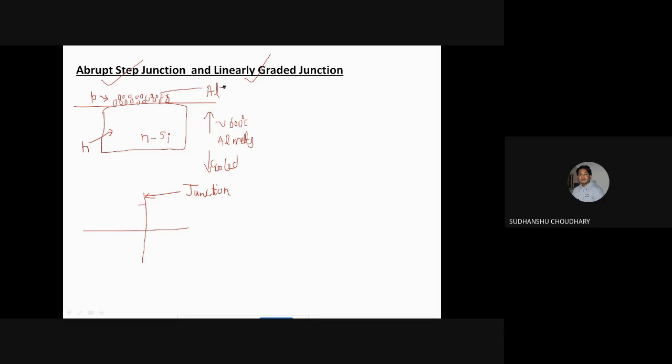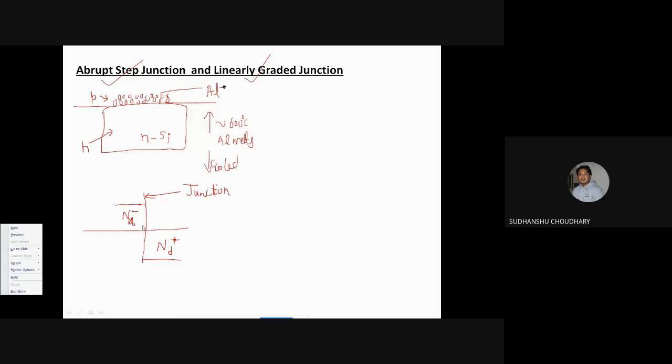before this junction, you have a carrier concentration which is due to acceptor impurities. So all acceptor impurities, and then immediately at this junction, on the other side, the carrier concentration turns into donor concentration, Nd plus.